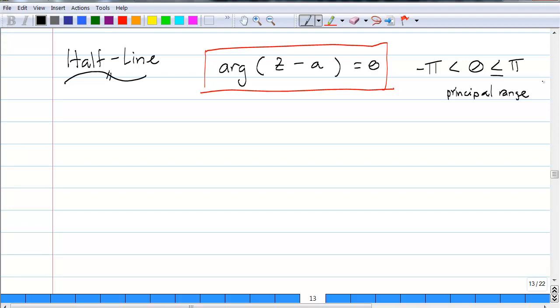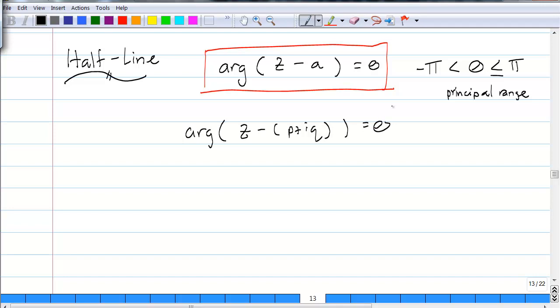The locus of the half line is from the point A, excluding A, where A is a point representing the fixed complex number a. So usually we also define a to be in the form of p plus iq. So I can write the equation of the half line in this way: argument of z minus (p plus iq) equals theta.